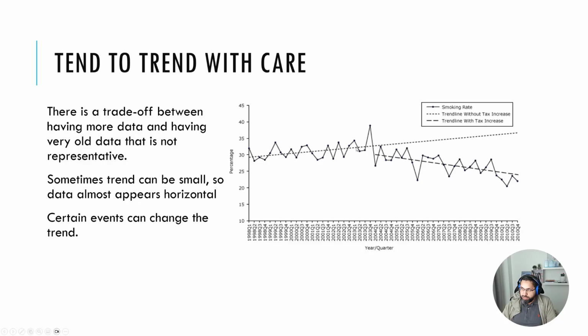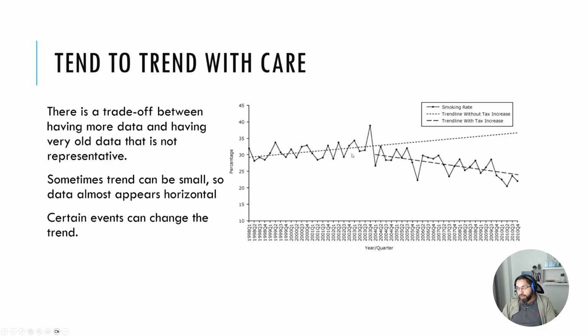The consumption of tobacco products was growing, right? So if we had to forecast pre-2004, we would have a positive trend. We'll use that in our forecast. But when the tax was implemented, it became too expensive to consume tobacco. People switched to other things or just stopped smoking. And then you can see that the trend is negative. The consumption of tobacco started to decrease after the tax was put in place.